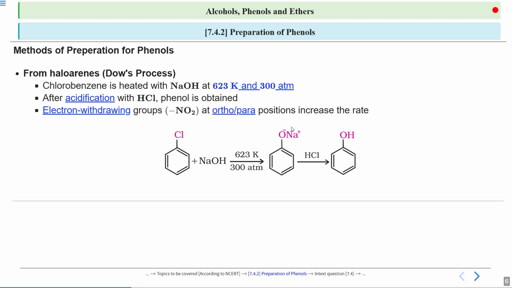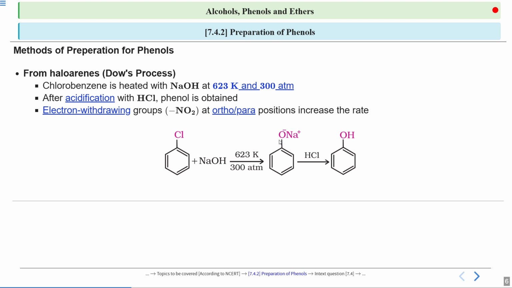Now for making this into phenol, Na plus should leave and hydrogen should attach. So we will do the acidification, which means we need H plus over here. From where do we get H plus? From acids, because acids donate H plus ions. So we will do the acidification with hydrochloric acid, that is HCl, which will break into H plus and Cl minus.